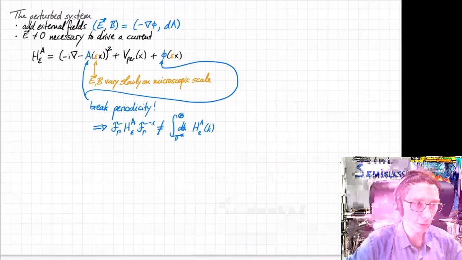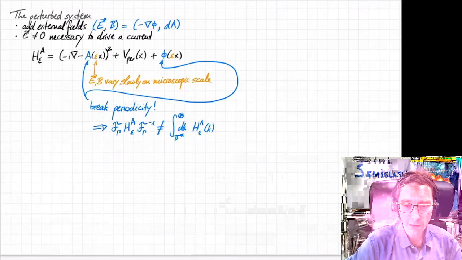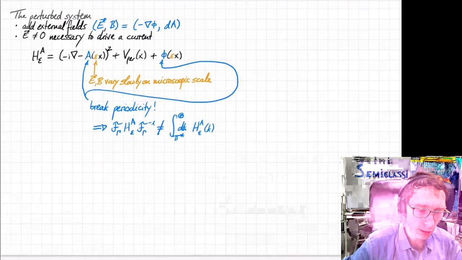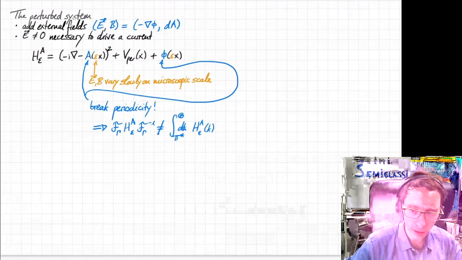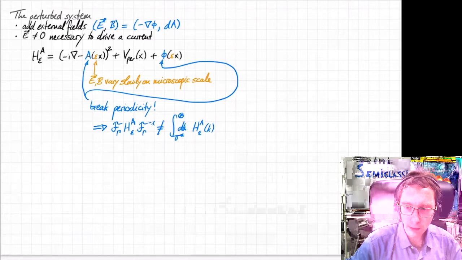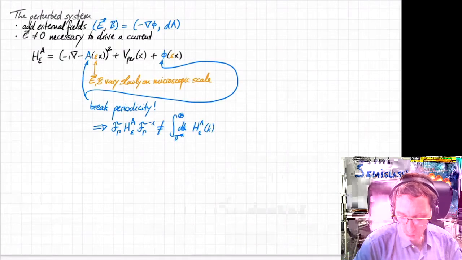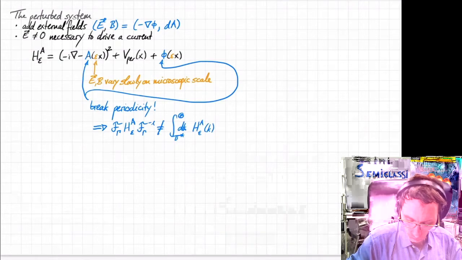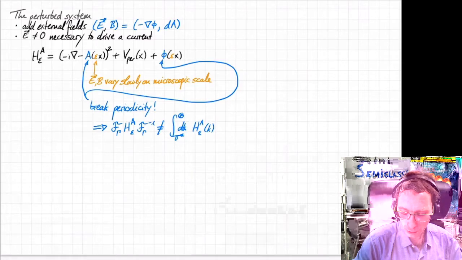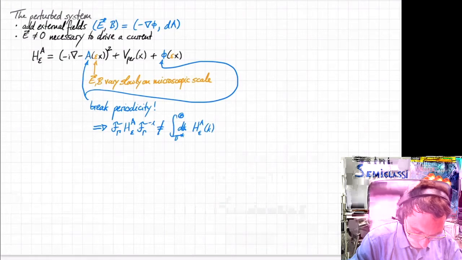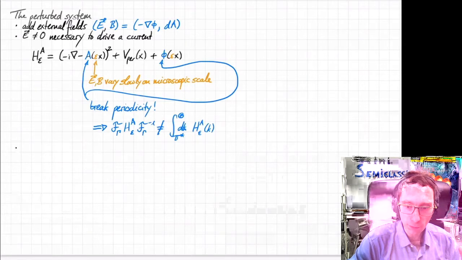This is really important because it means that the operator has much more complicated behavior, and potentially a much more complicated spectrum. It is not immediately obvious how we should proceed. But nevertheless, if we place mild conditions on the external fields and on the periodic potential, I will be more specific later on.